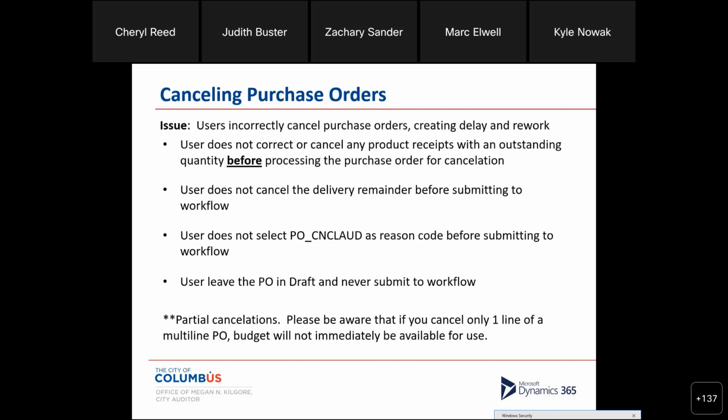Any questions, Kyle, before I move on to receiving? Nope. Oh, I'm sorry. One did just come in. It says, when I'm attempting to add a requester to a direct PO and the name I want to add is not listed, I get an error message, unable to find unique worker record corresponding to entered value. How can I add the requester's name?